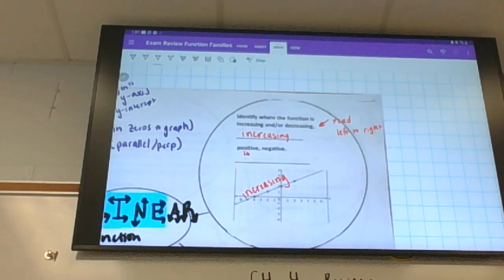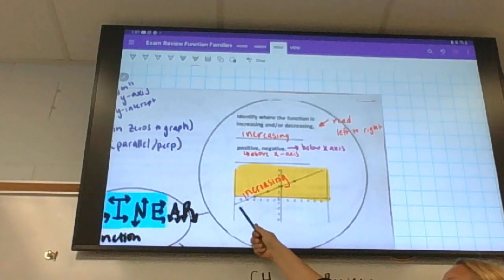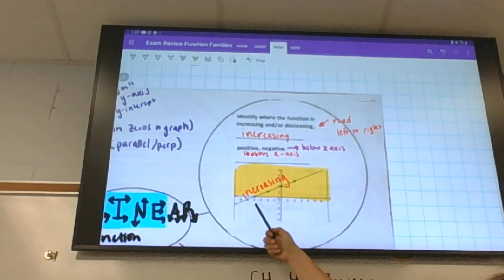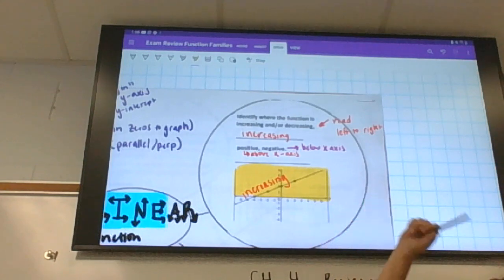This means when is it above the x-axis versus when is it below the x-axis. So I'm going to highlight, this is above the x-axis here. There's a little bit of the line that's in the negative area. Up here it's considered positive, down here it's considered negative.